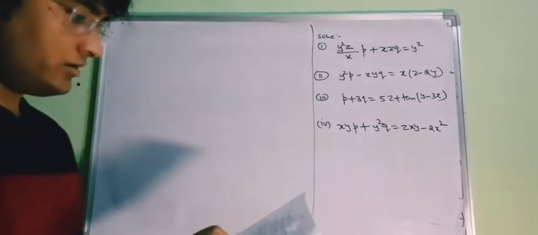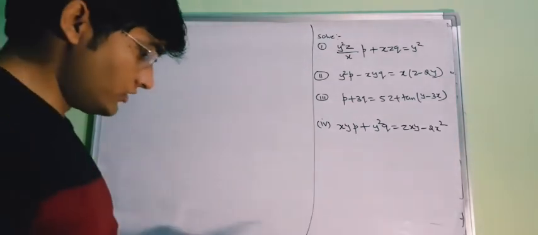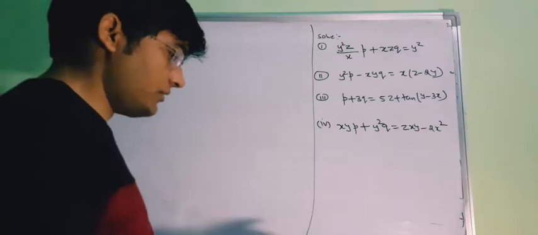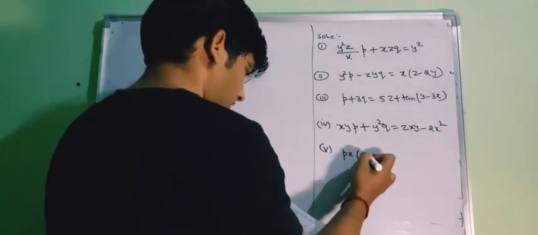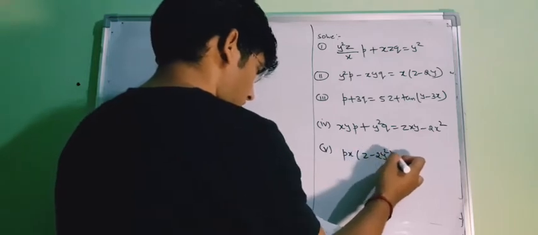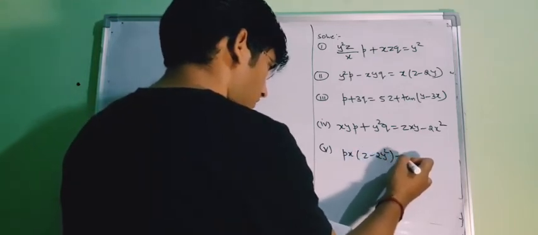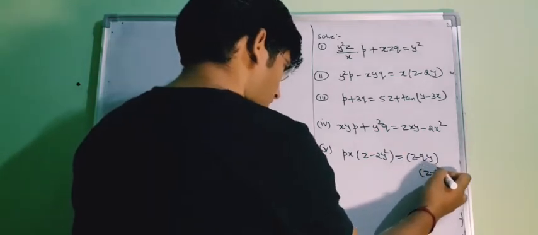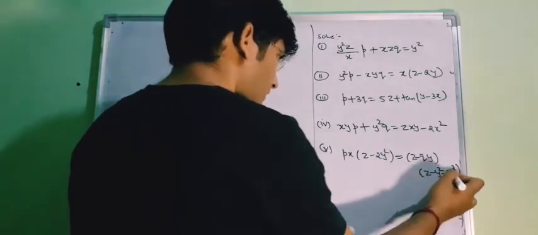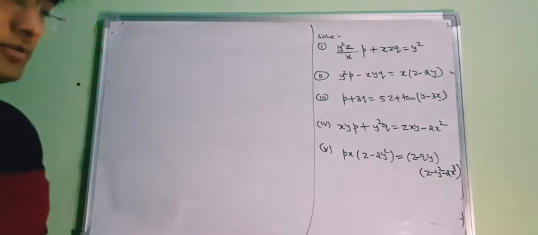So here we have 4 questions, and the fifth one is px(z minus 2y square) plus q... is equal to (z minus qy), and then multiplied by (z minus y square minus 2x cube). So here I will solve these 5 problems.